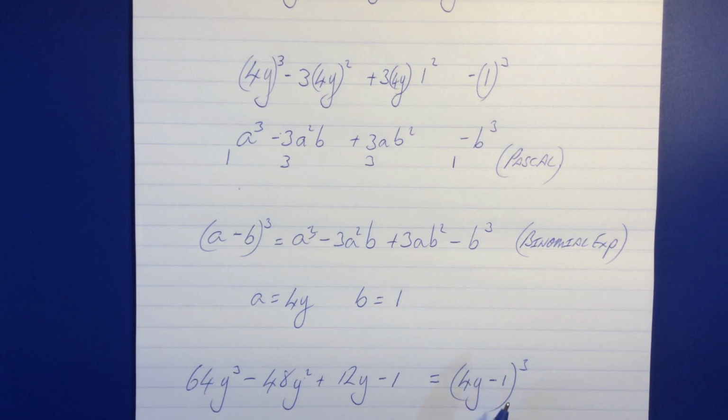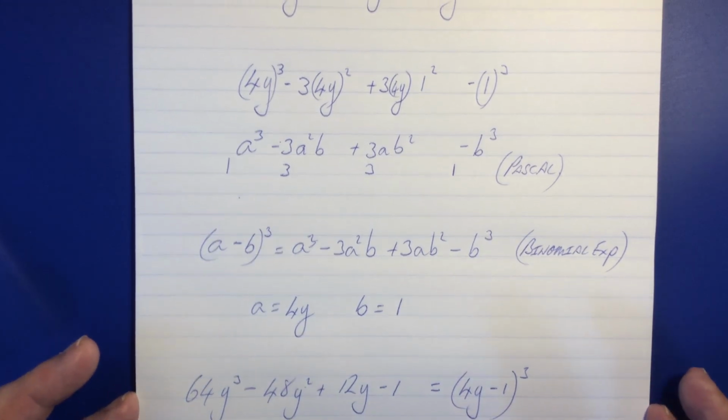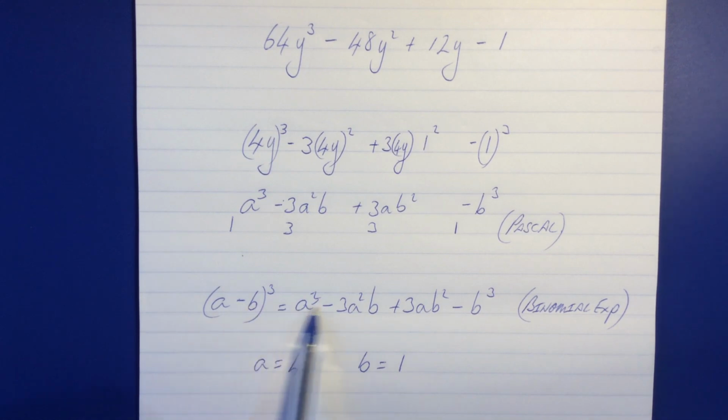And if you really are a glutton for punishment, to check your work, you can then expand this, which of course is simply a matter of putting it all back into this form.